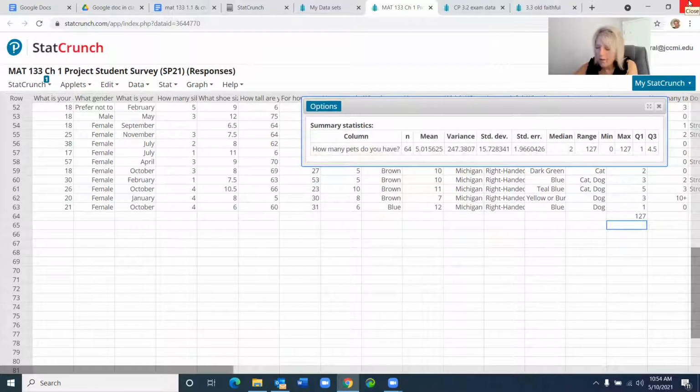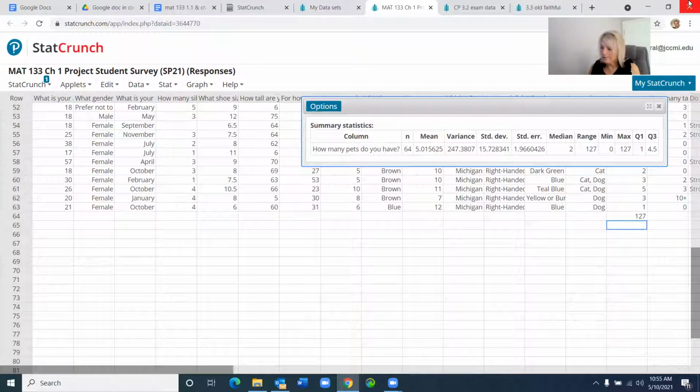So let's just write this down. The mean, the X bar, is 5.016. We found that in 3.1. The standard deviation is 15.728. And the variance is 247.381.